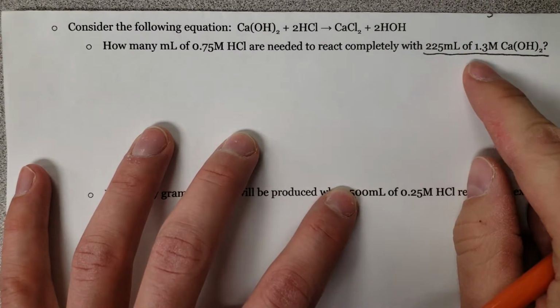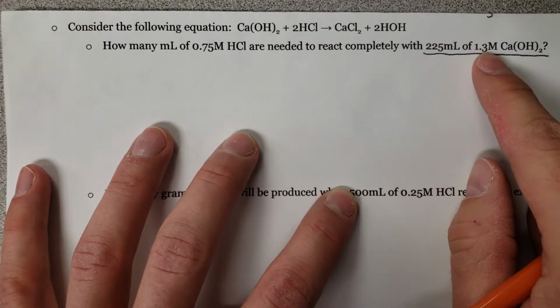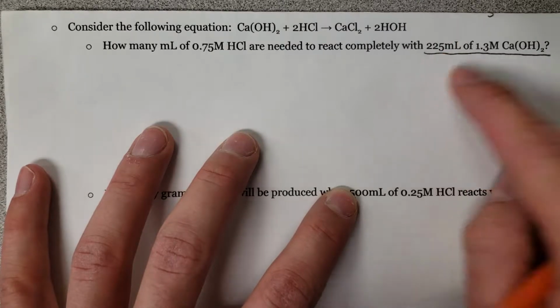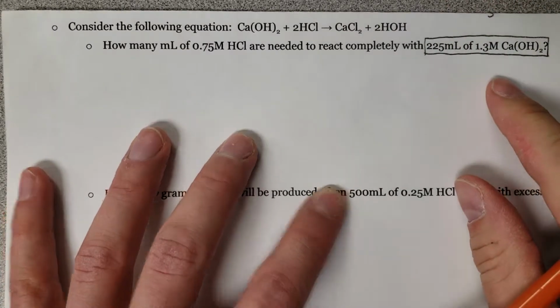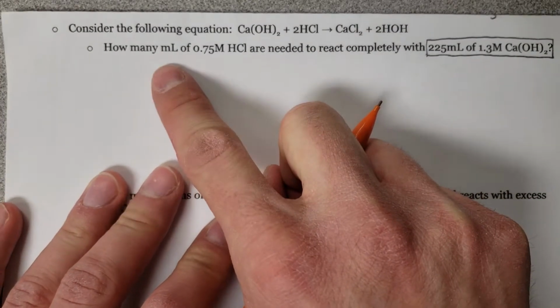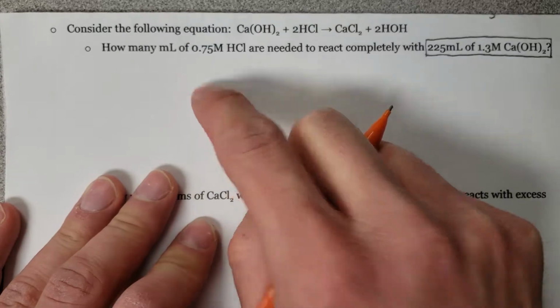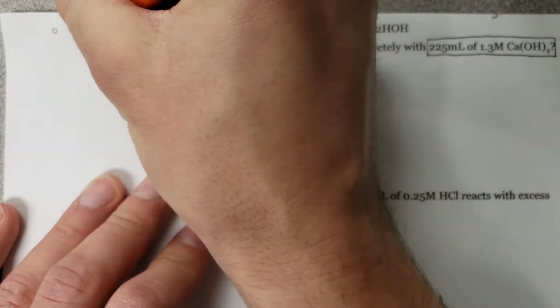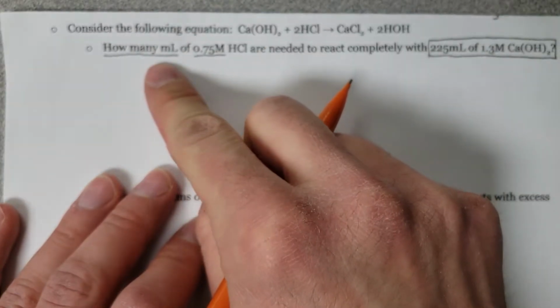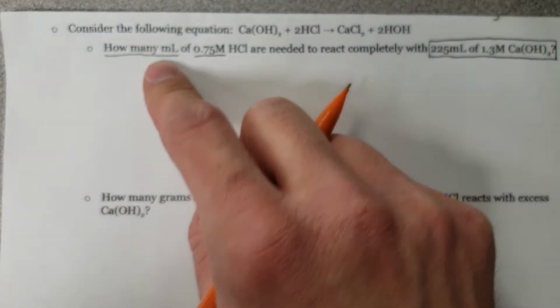We're given both the molarity and the volume, so this is where we're going to start. We couldn't have started here because we're only given the molarity, and we're trying to solve for the volume in milliliters.